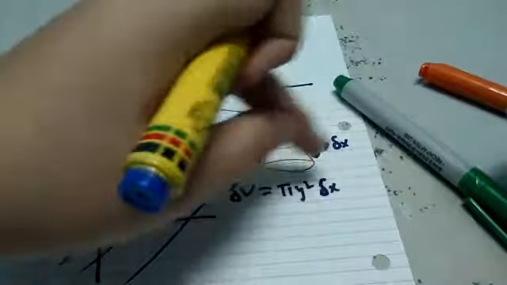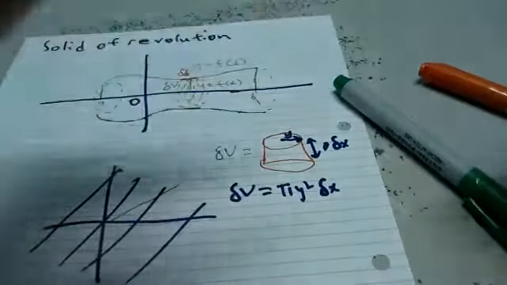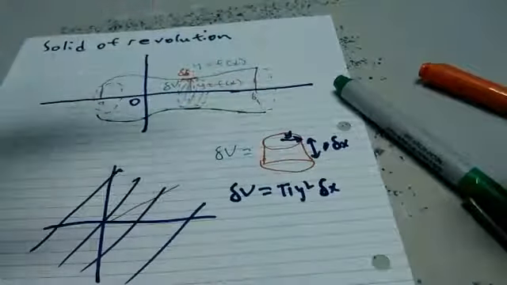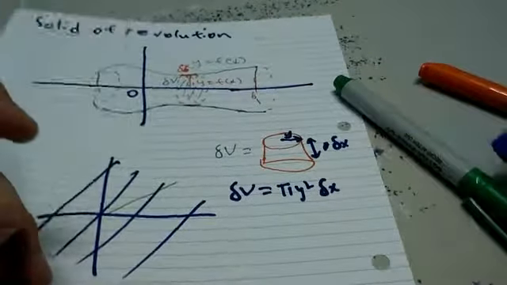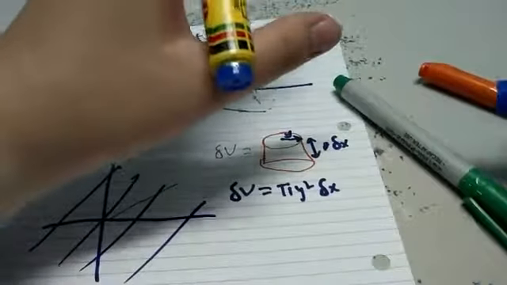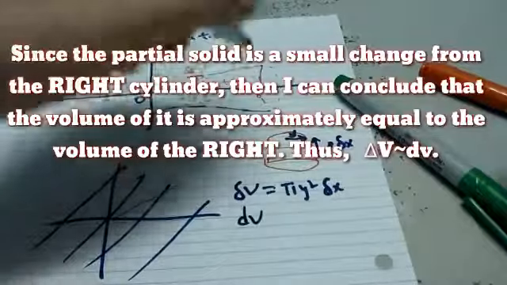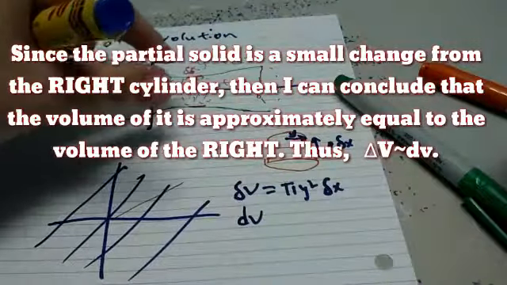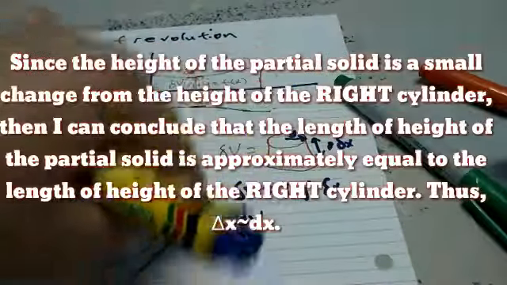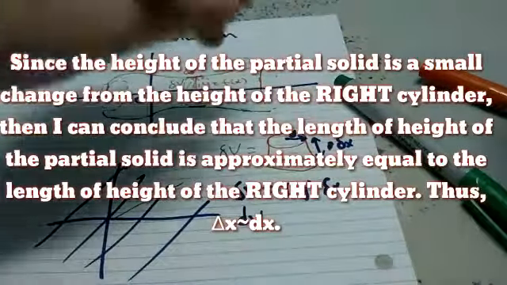We have the volume of this partial geometric solid that looks like a cylinder. So how are we going to find the volume? The delta V can be equal to dV, because we just take a part of the solid, and delta V can be approximated by dV for a small approximation.